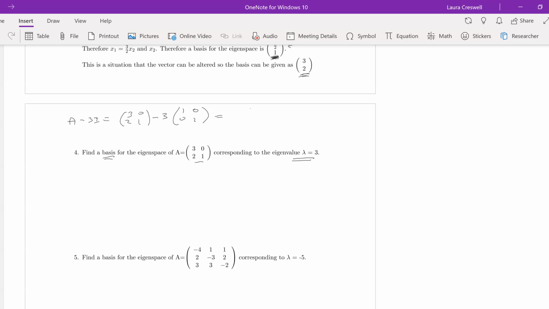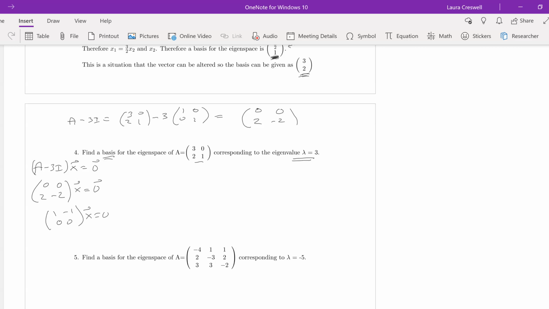This matrix here will give me 0, 0, 2, negative 2. To solve this, make sure you're showing what you're doing. I'm pretty sure I can do this without a calculator. Switch the rows, divide through by 2.